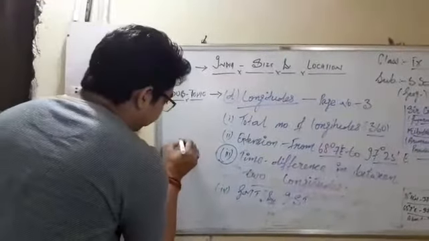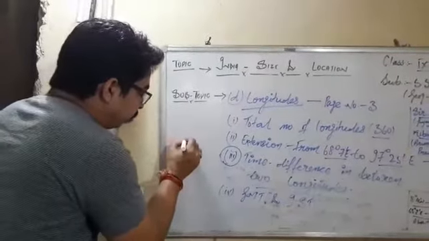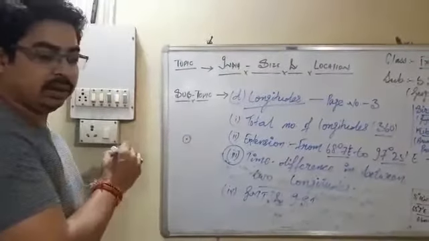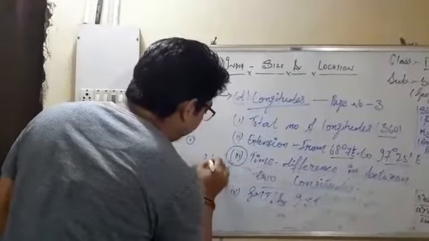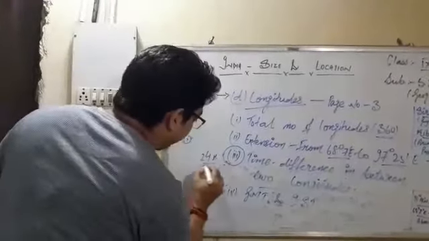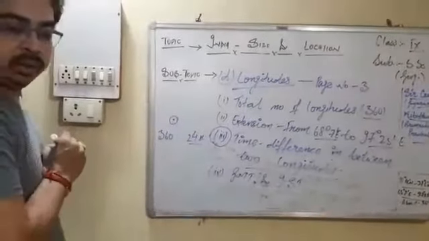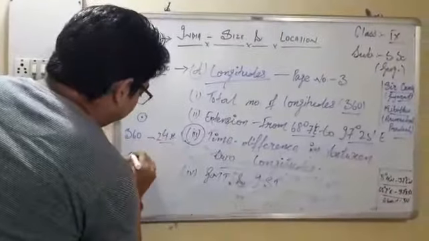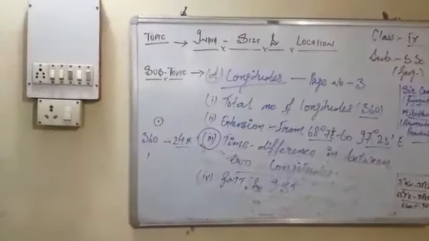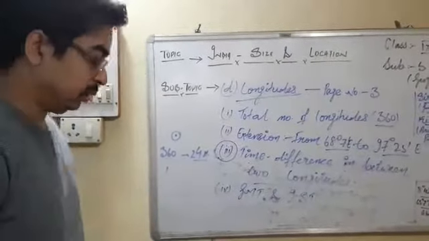If we talk about the rotation, to complete one rotation, Earth generally takes 24 hours. And these 24 hours cover 360 longitudes. So the question is, for one longitude, how much time does the Earth need?